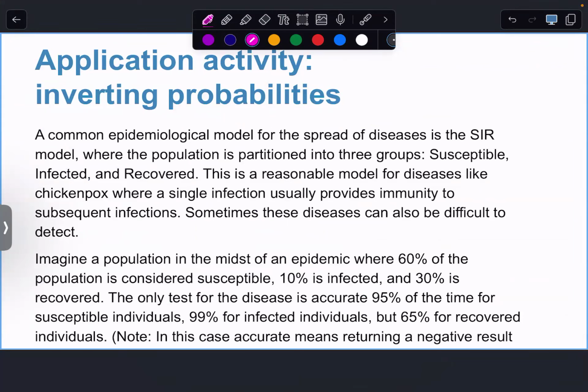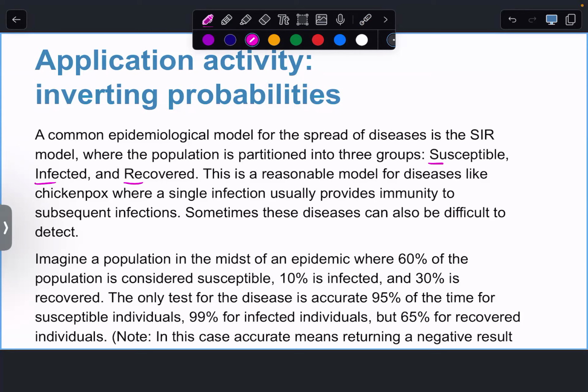Did you read the application activity? I'll read it to you. So, a common epidemiological model for the spread of diseases is the SIR model, where the population is partitioned into 3 groups, being susceptible, infected, and recovered, SIR.